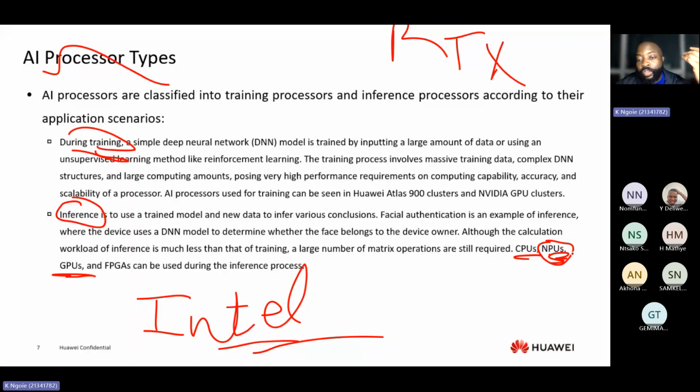So an example of an NPU can be the Ascent 310. The Ascent 310 and Ascent 910 are chips that are represented as NPUs. So when you buy an Ascent 310, an Ascent 910, or an Apple Neural Engine, those are chips that are considered to be NPUs.